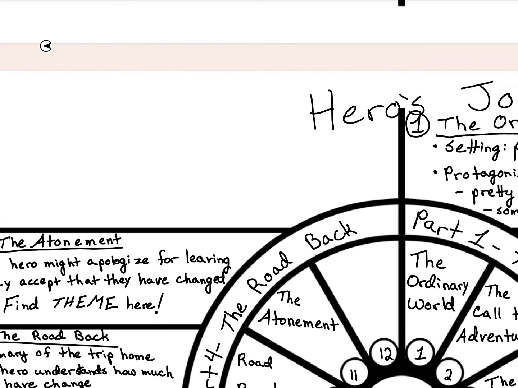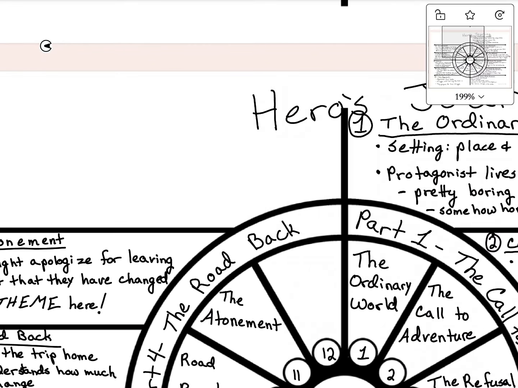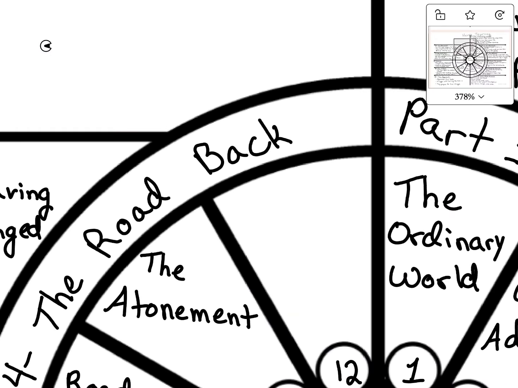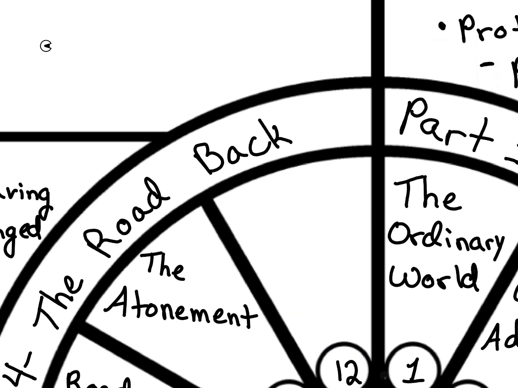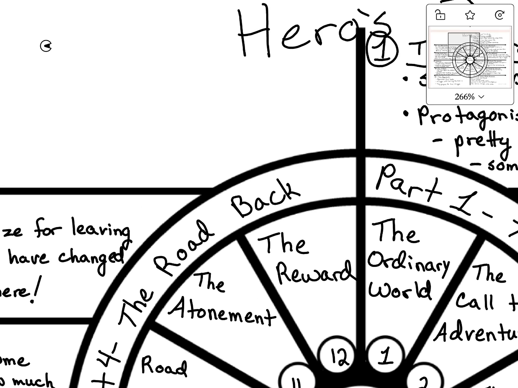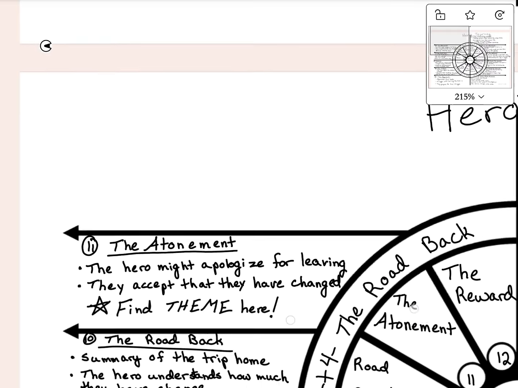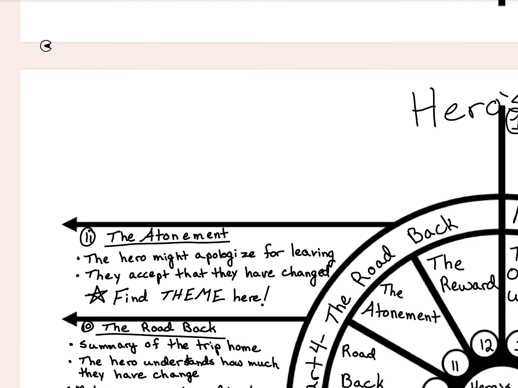And finally, at the very end, we have the reward. Now, sometimes this is literally a party in which they are given a crown or a kingdom or a reward of some kind. Sometimes this is just a hug and a welcome back. Sometimes this is you get to be the new king of the lions and you're the head of Pride Rock now.